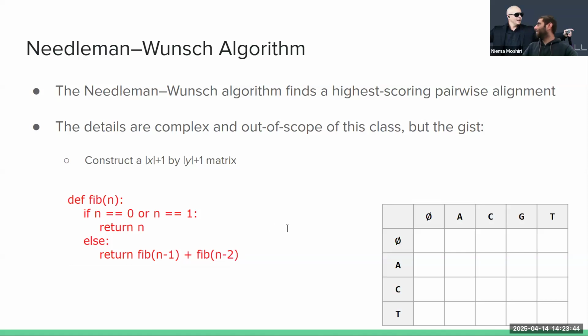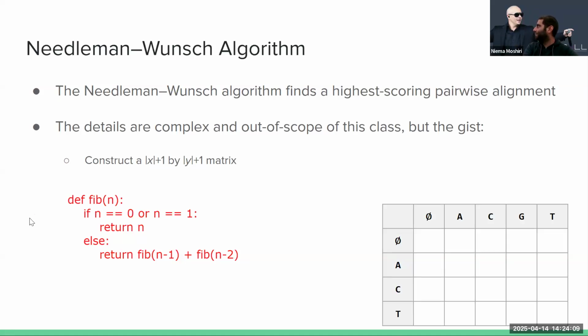If you're ever implementing the Fibonacci sequence, you're not going to implement it this way because it ends up being really, really slow. Basically, when you call Fibonacci on n, you're going to call it on n minus 1 and n minus 2. When n minus 1 is called, it's going to call it on n minus 2 and n minus 3. When n minus 2 is called, it's going to call it on n minus 3, n minus 4, and you're going to do a lot of repeat calculations.